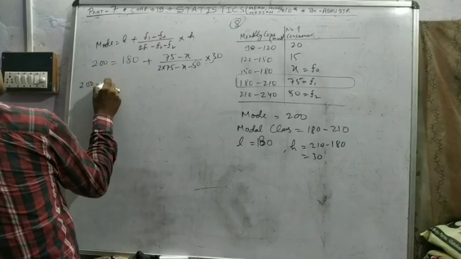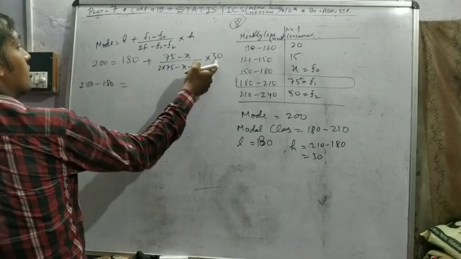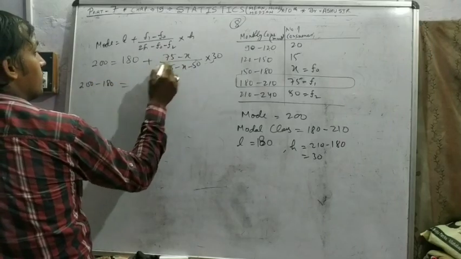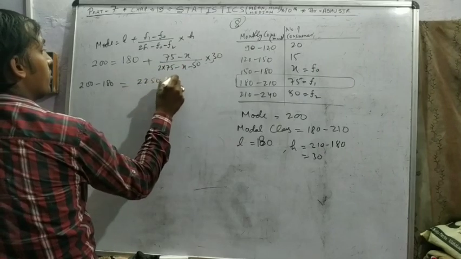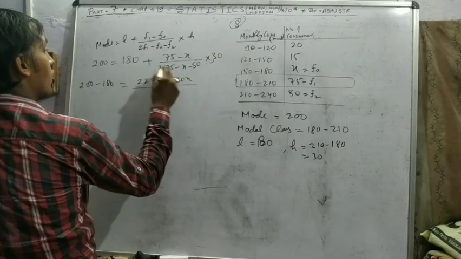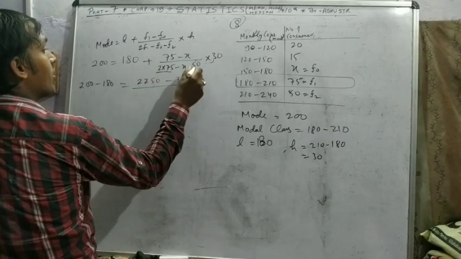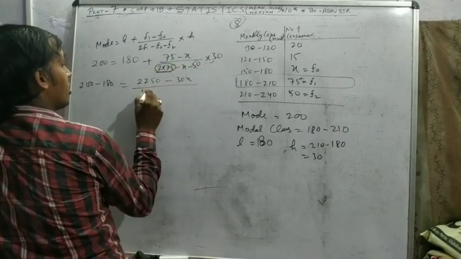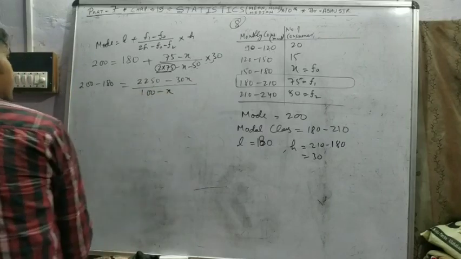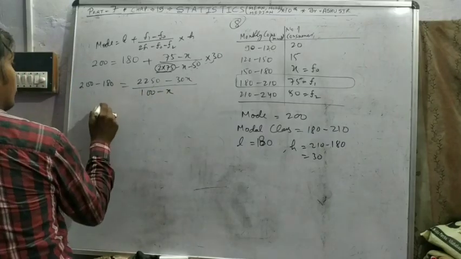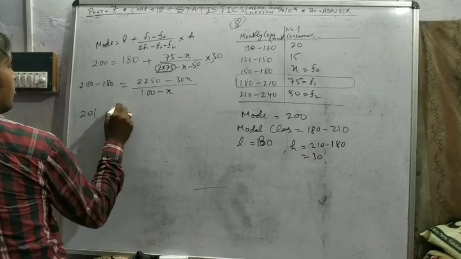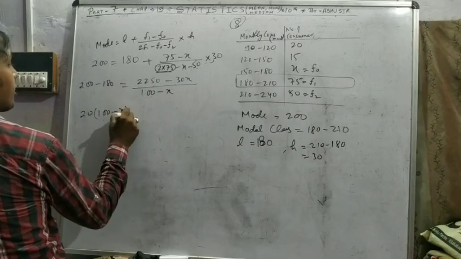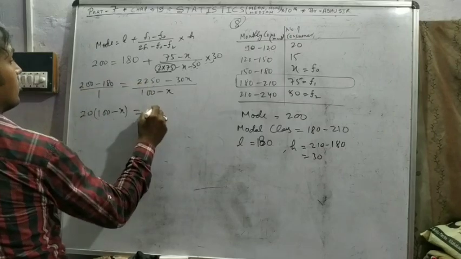So 200 minus 180 is (2250 minus 30x) upon (150 minus 50). This is 150, this is my 50, so 100 minus x. This is 20, so 20 equals (2250 minus 30x) upon (100 minus x).